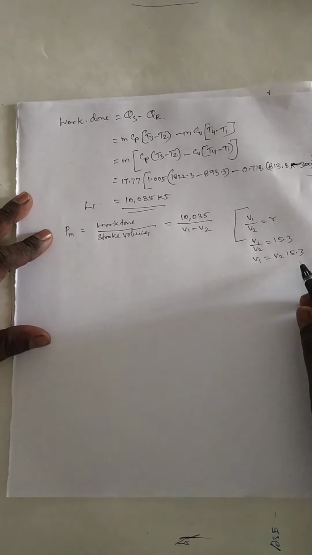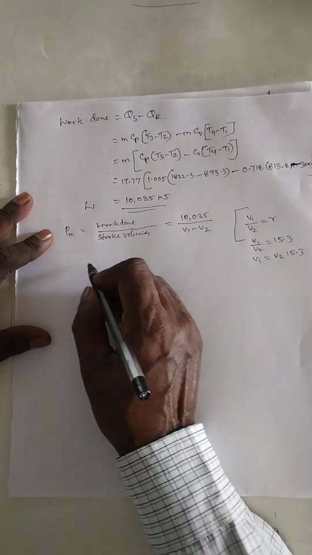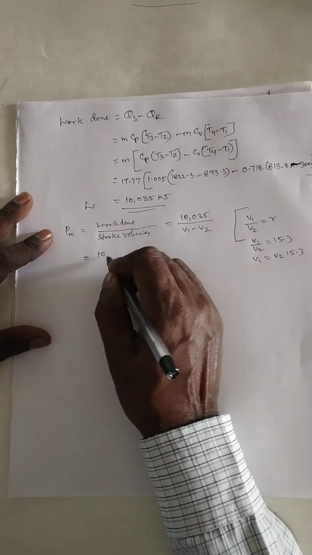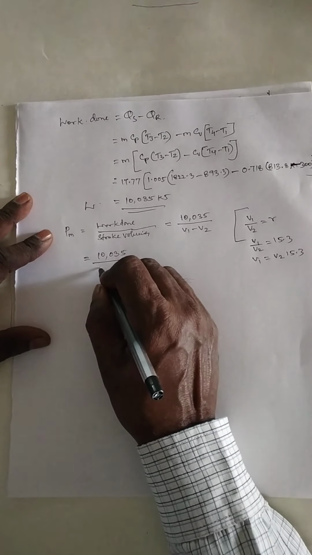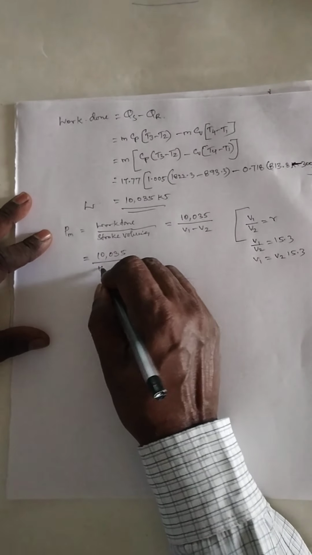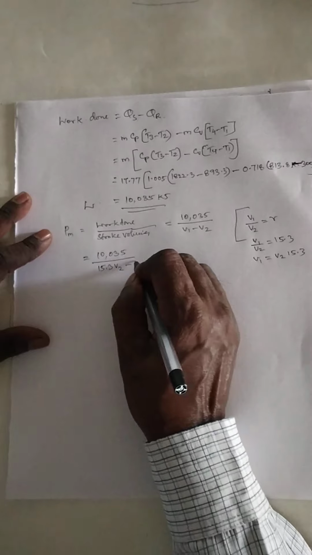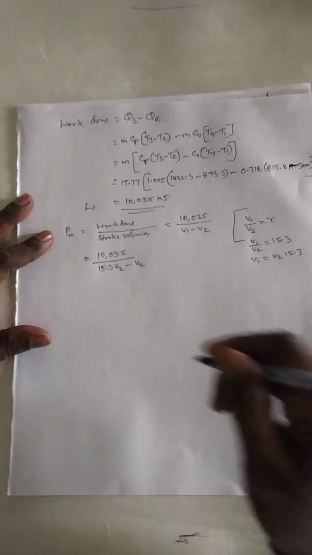Substitute that value here: 10,035 by 15.3 V2 minus V2.